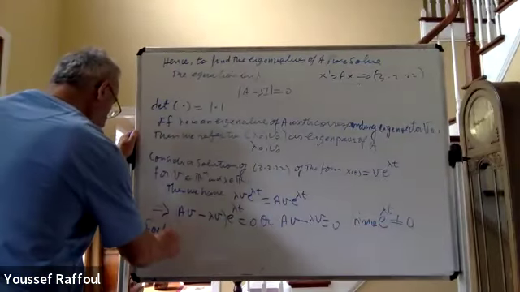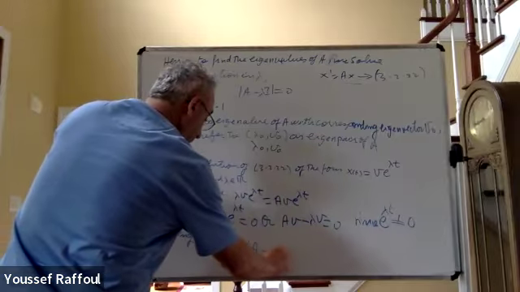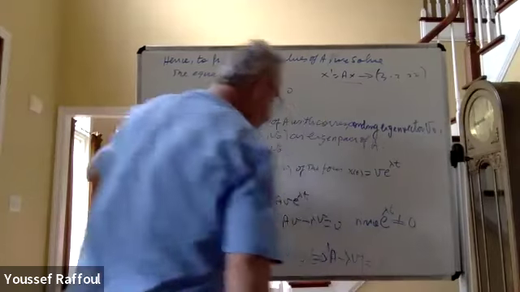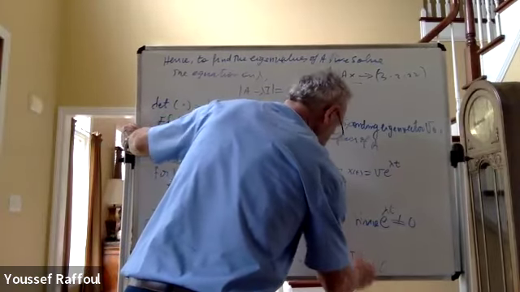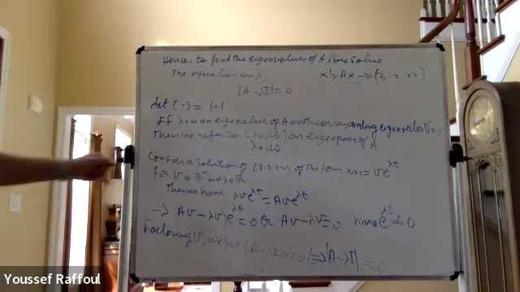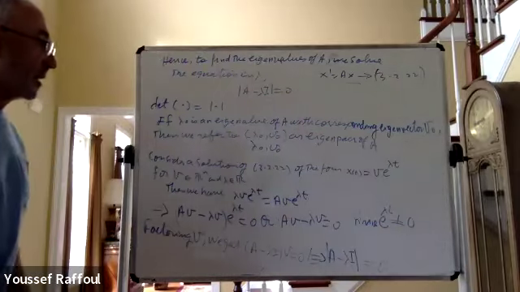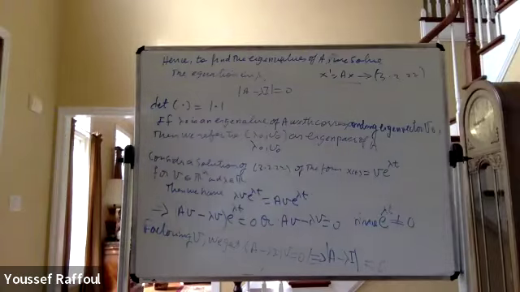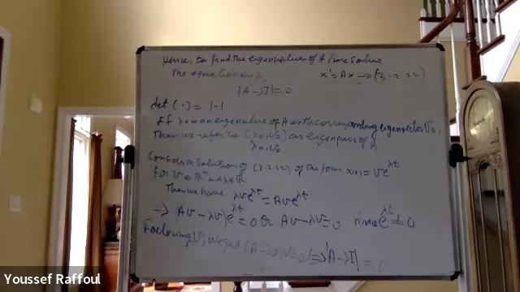So factoring v, we get A minus lambda I times v equals 0, and this holds if and only if the determinant of A minus lambda I is 0. So what we are saying is that lambda has to be an eigenvalue of A, and v has to be the corresponding non-zero eigenvector, otherwise we get the zero solution.